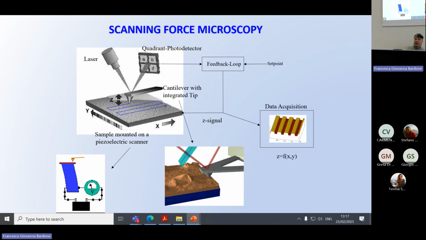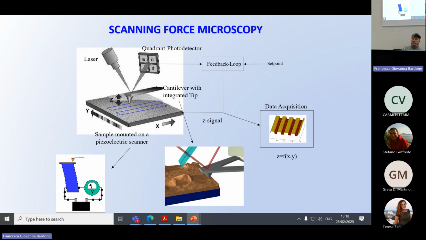And if the image of the laser is perfectly in the middle, the amount of photons which arrive in quadrant A is equal to the amount in quadrant B, and equal to the amount arriving in quadrants C and D. Because I have four, and the image is perfectly in the middle, each quadrant takes the same amount of light at equilibrium, with no force acting on the tip.